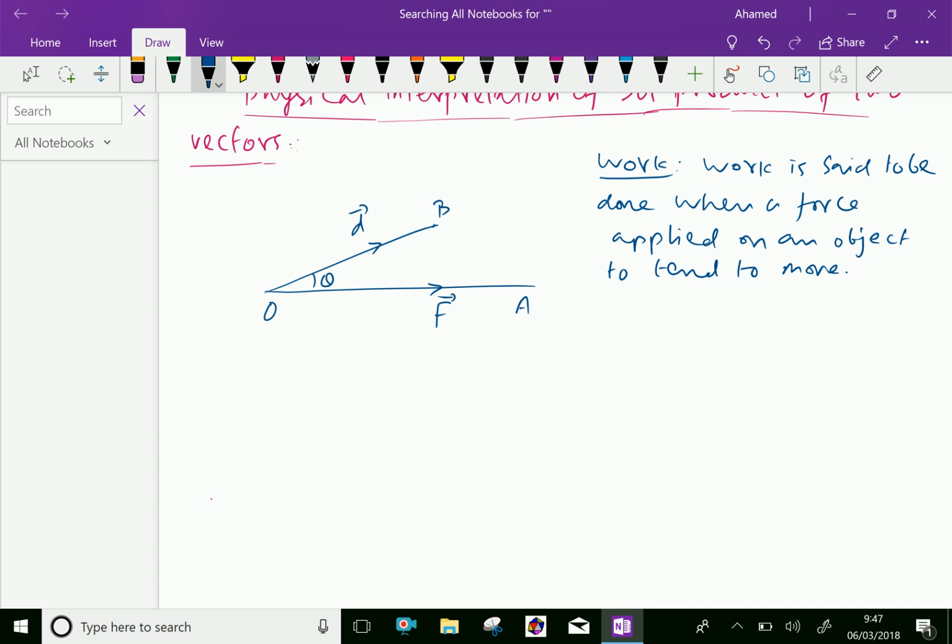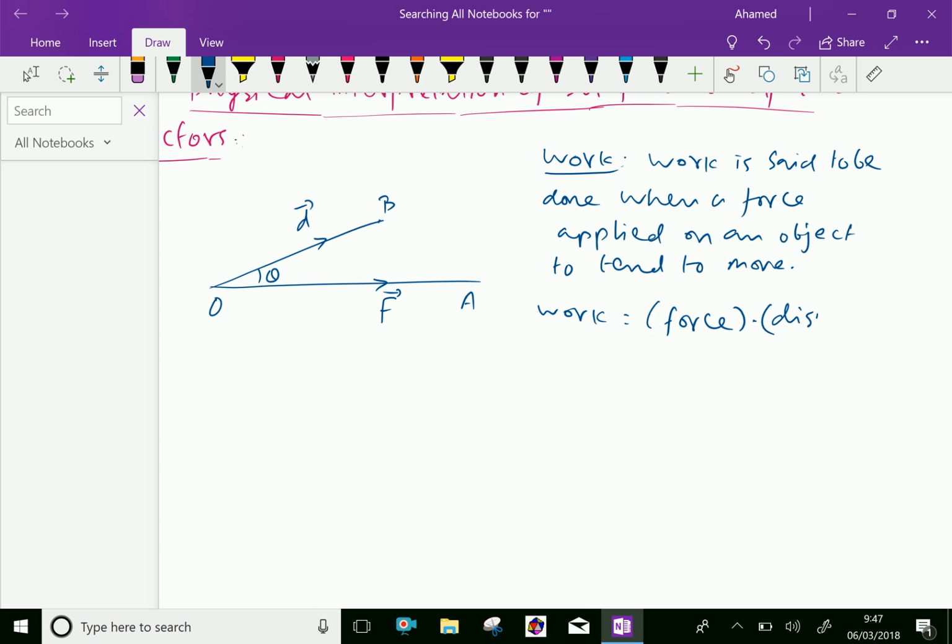That means if you apply a force on an object, the body starts to move. Therefore, work is equal to force into displacement. Here, displacement is the distance between the final position and the initial position of the particle.